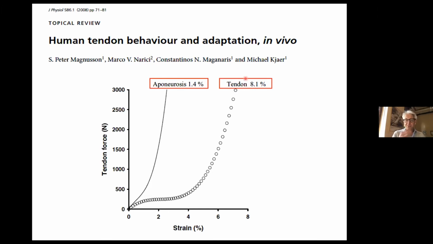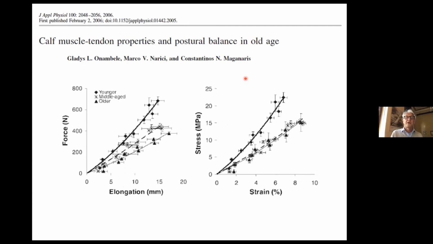There are other studies by the group of Fukunaga that show equal or similar stiffnesses of the aponeurosis and tendon, and other studies that show opposite effects. So it is still an open issue. But what is important to consider is that when we study the extensibility of tendons in vivo, inevitably we measure the extensibility not only of the tendon itself, but also the result of the extensibility of the aponeurosis.